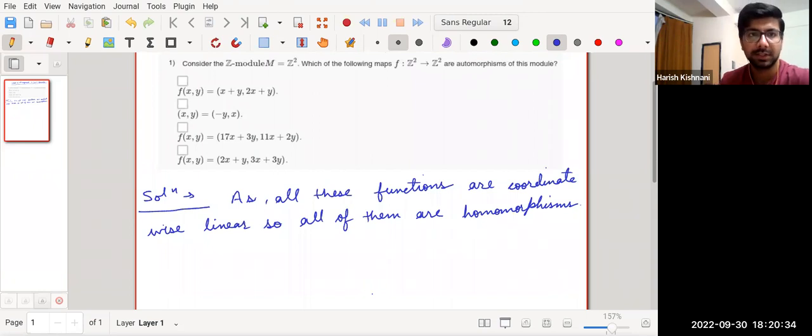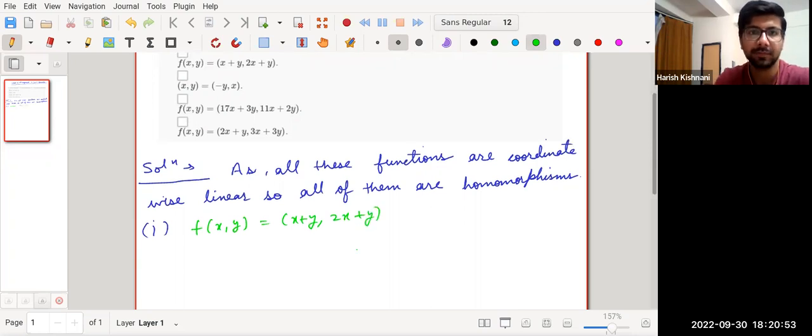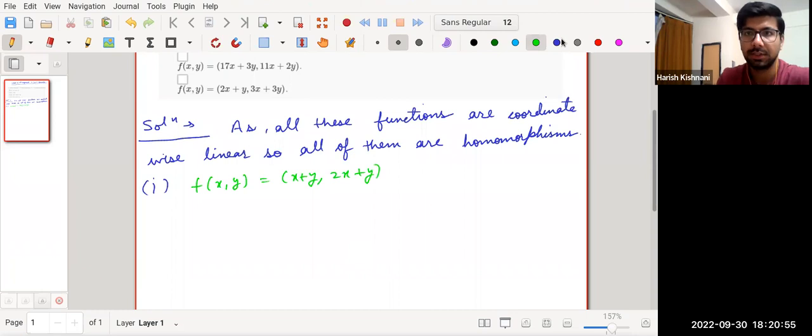So let's first see the first one, that is f of (x, y) is (x plus y, 2x plus y). We will see first whether it is injective, or f is one-one or not.